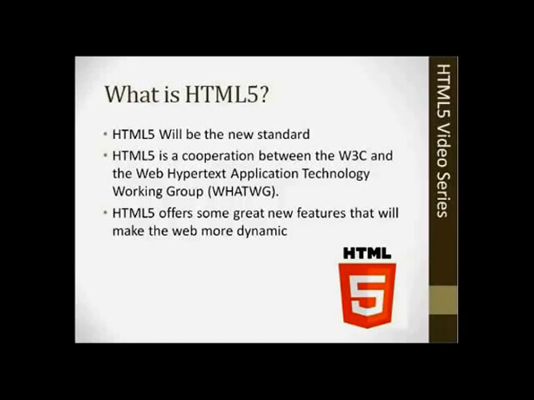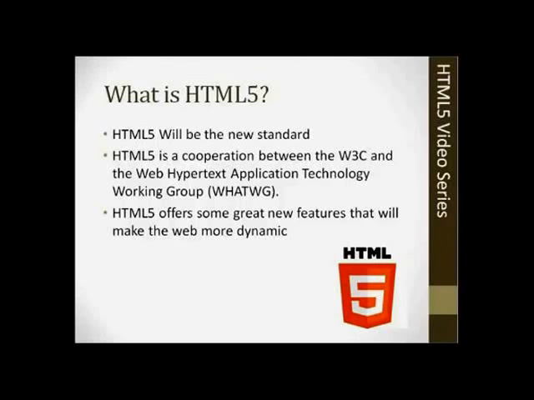So HTML5 was a cooperation between the W3C and the Web Hypertext Application Technology Working Group, or WHATWG. They were working with web forms and applications, and the W3C was actually working on XHTML 2.0.